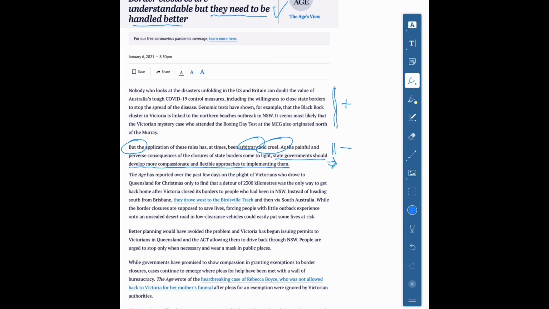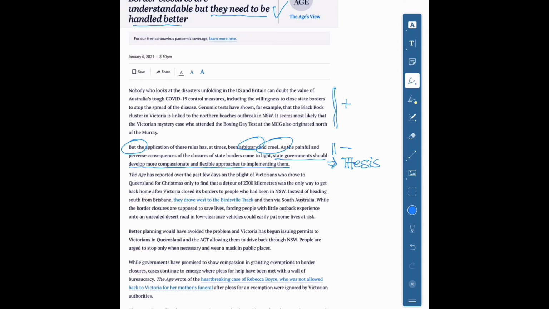By adopting more compassionate and flexible approaches. So I would say this is the thesis. And I believe you remember this terminology from when you discussed how to write expositions and discussions. Now, let us continue with what comes next.